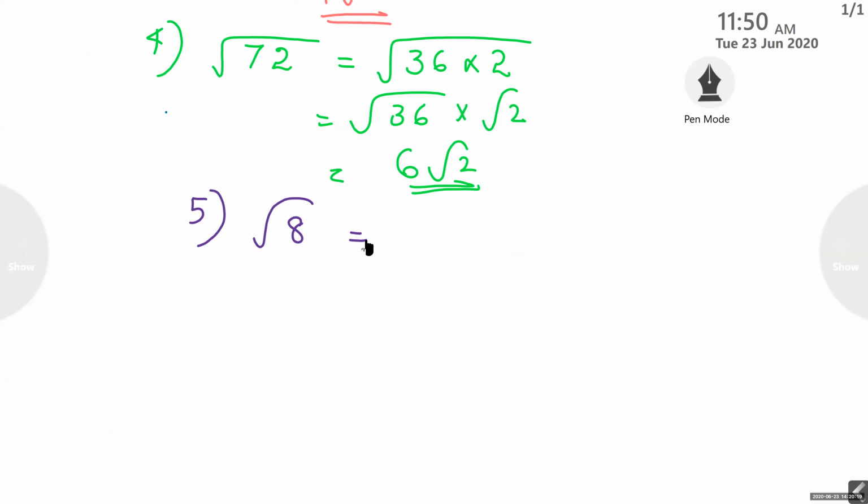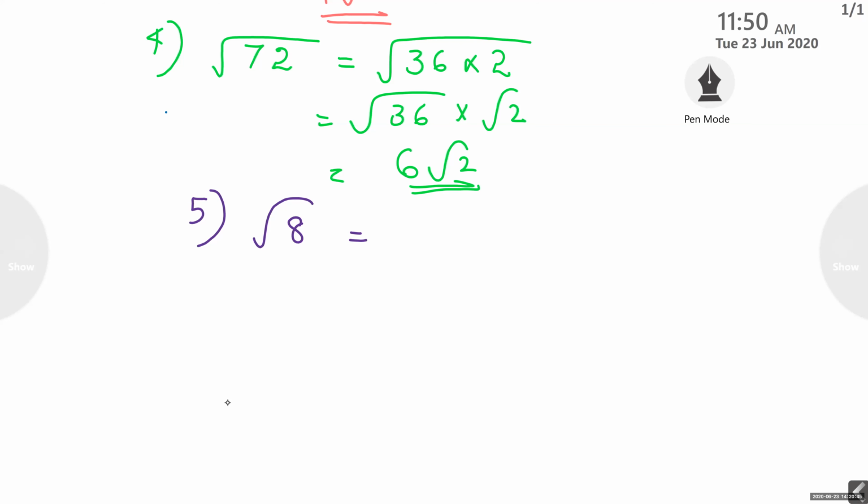Do it. It's very easy. 2 into 4. 2 root 2. Very good.